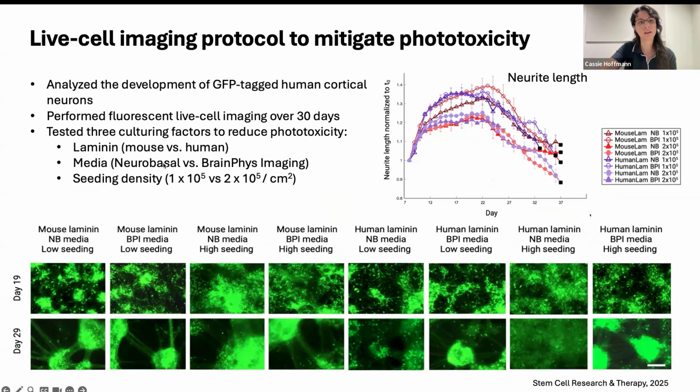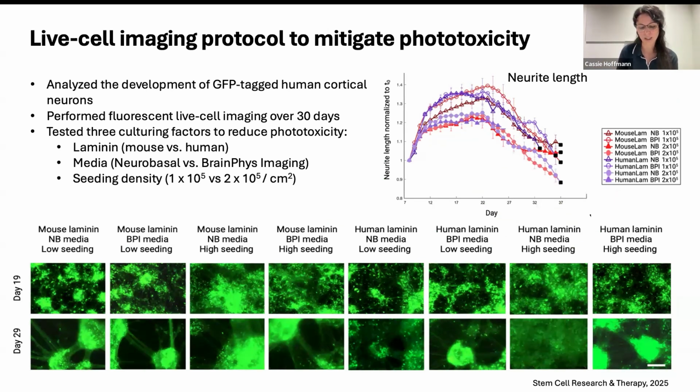To do that, we developed a live cell imaging protocol to track neuron self-organization. As I said before, I was working with human neurons. They're actually a reporter line, so they were tagged with GFP.